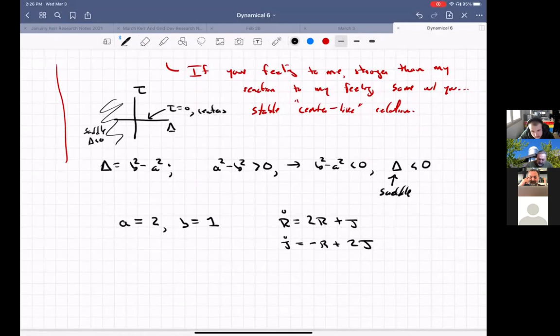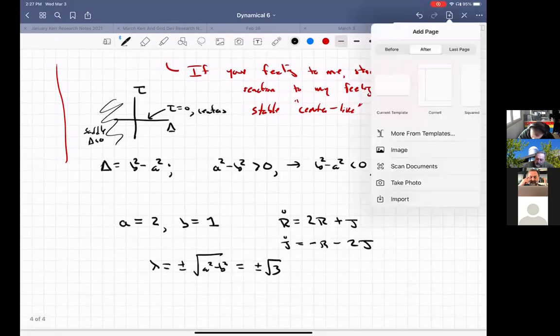Okay, so that's my system. So my lambda was plus or minus the square root of a squared minus b squared, so that's going to be plus or minus root 3. Would that be minus 2J? Yep. Okay, so my eigenvalues are plus or minus root 3.